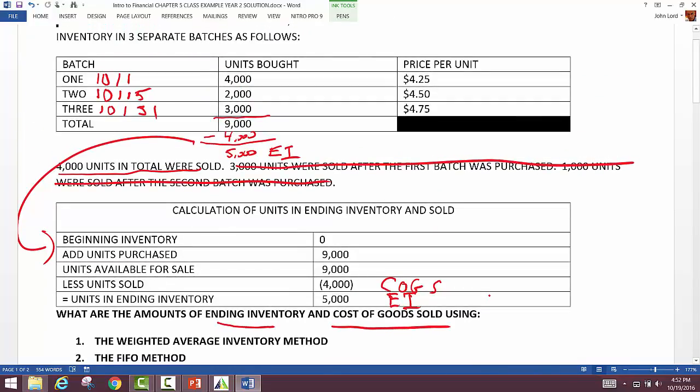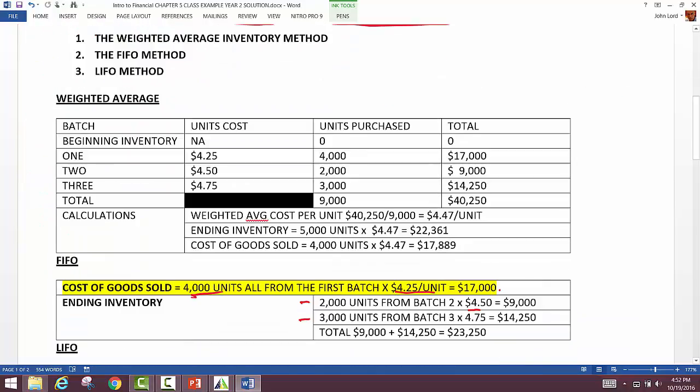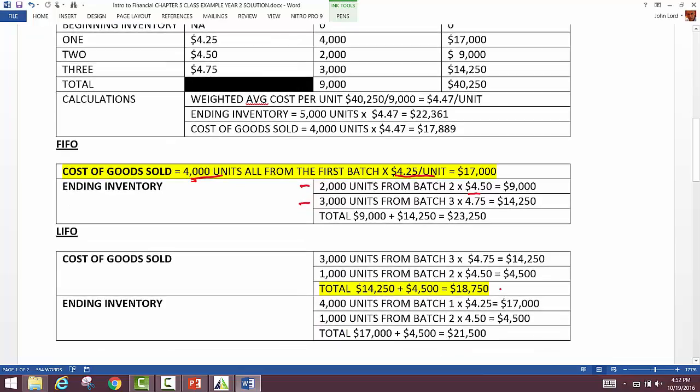And the remaining 3,000 to make up the 5,000 were at 4.75, so I price those remaining 3,000 at 4.75. I just do the extension. The 2,000 times 4.50 is 9,000. The 3,000 times 4.75 is 14,250. I add those two numbers together, and there's the value of my ending inventory. Have I answered the question?